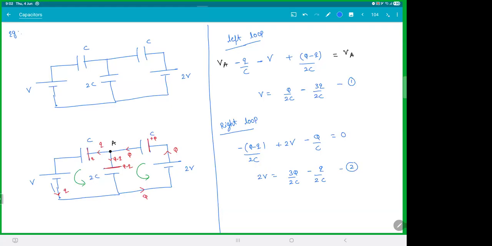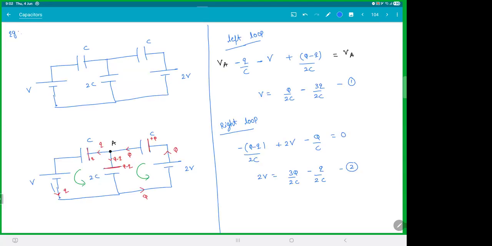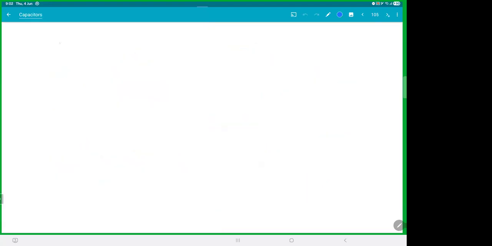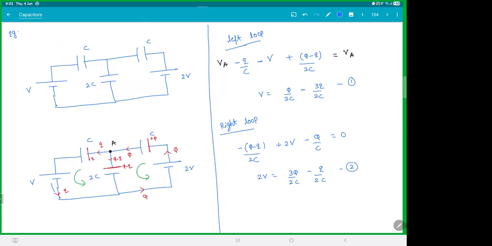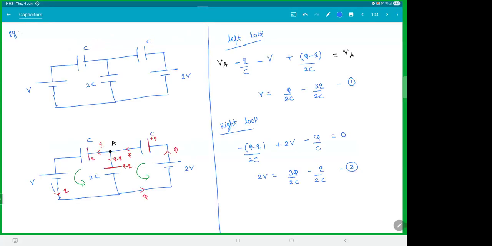If I solve this, Q minus 3q is 2CV, and 3Q minus q is 4CV.